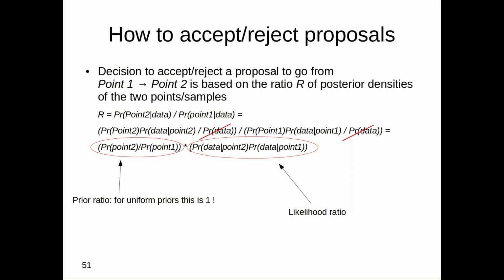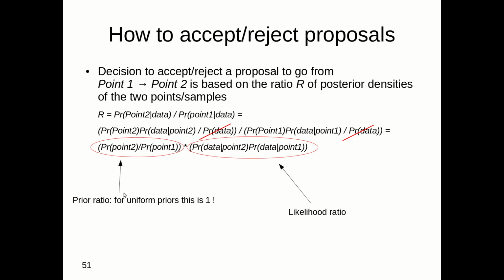Right. And so typically this is just written in a different way. So this acceptance rejection ratio is typically just written as a ratio of the priors at the 2 points times the ratio of the likelihoods at the 2 points. So it's a prior ratio times the likelihood ratio.